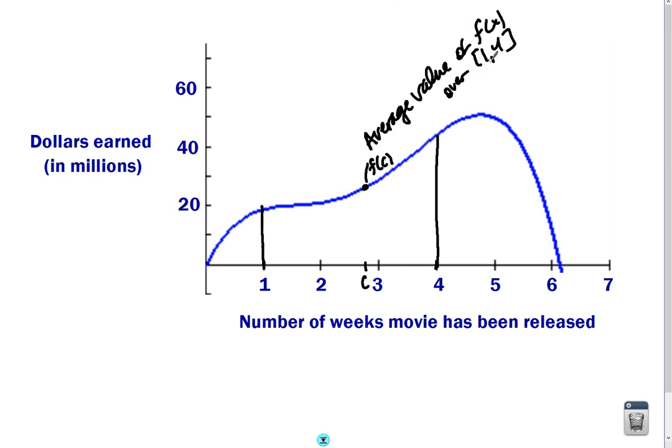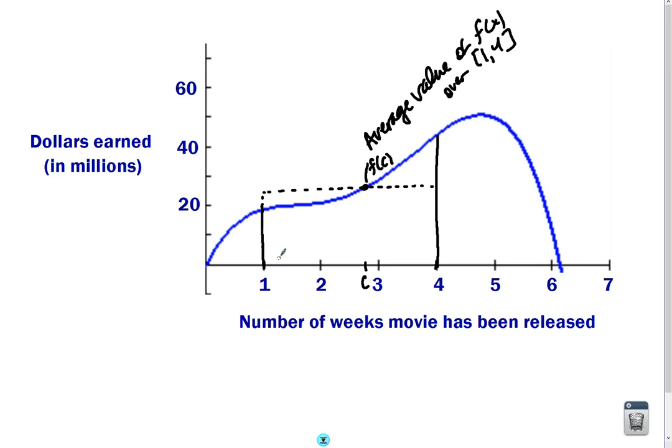Something unique about the average value is that if I were to use that average value to create a rectangle, the really cool thing is, if I created this rectangle using the average value of that function between 1 and 4, the area of this rectangle is exactly the same as the area under the curve from 1 to 4.